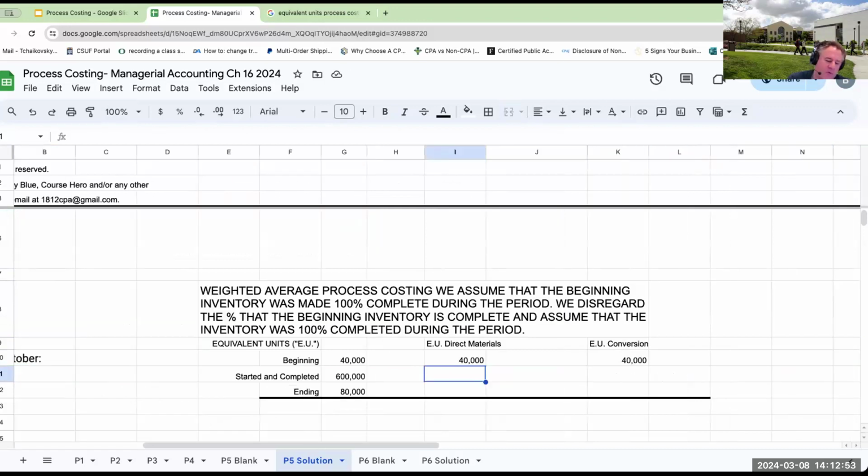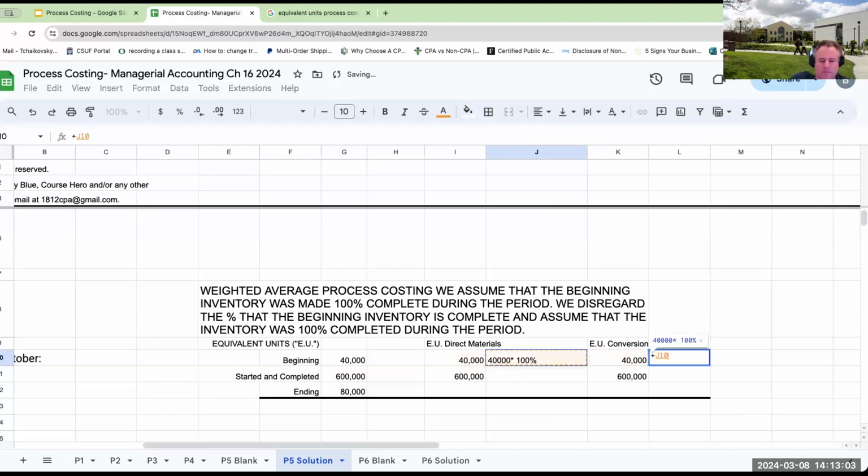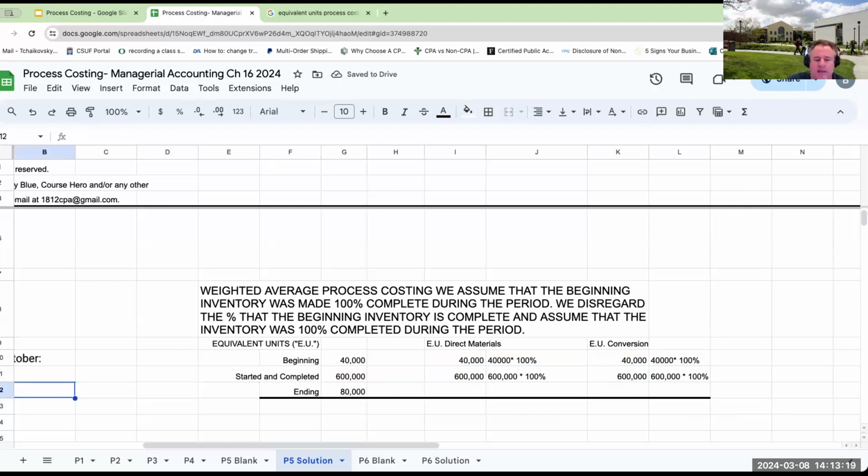Now, for whatever we started and completed, these are going to be done at 100%. So we started and completed, so this was fully done during the period. Now, for the ending, this is where we have to be careful.